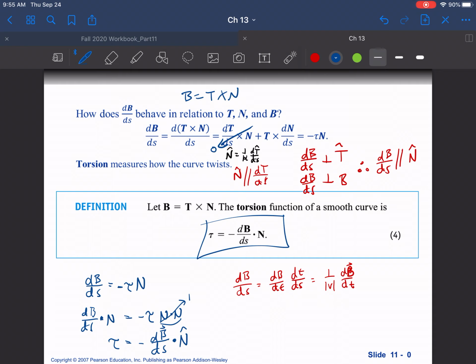And then what you end up with is just tau by itself. So put tau on the left side, put the negative sign on the other side, and we've got our equation for what tau is. And we're going to call this the torsion function. What this does is tell us how much the curve is twisting.